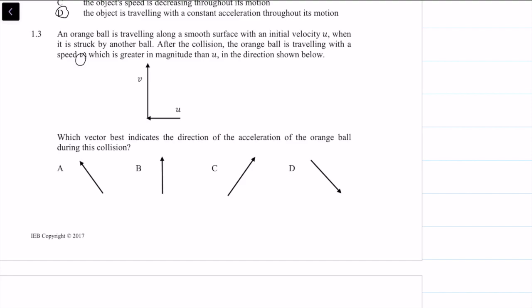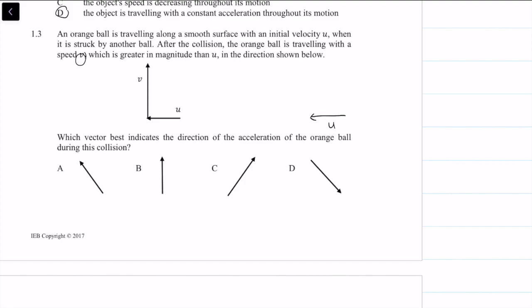Basically what we need to do is create a head-to-tail vector. If we had u going this way, option A would be that, so our final v would be that, which is not what we have. So that's not an option.